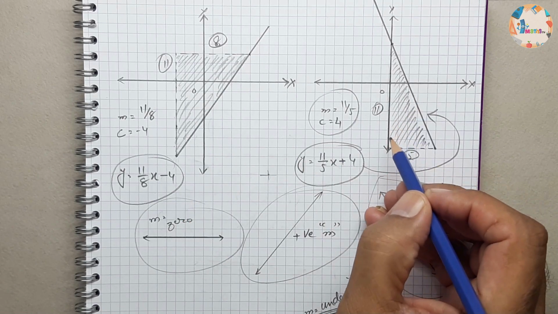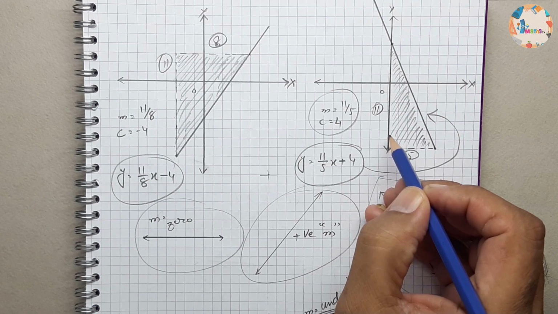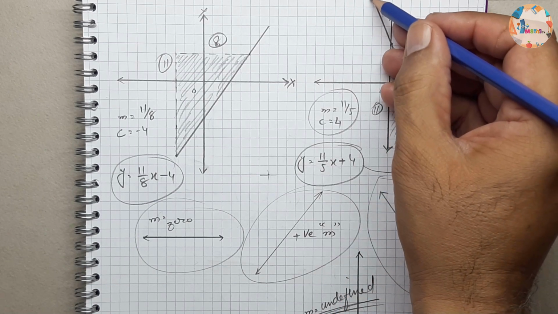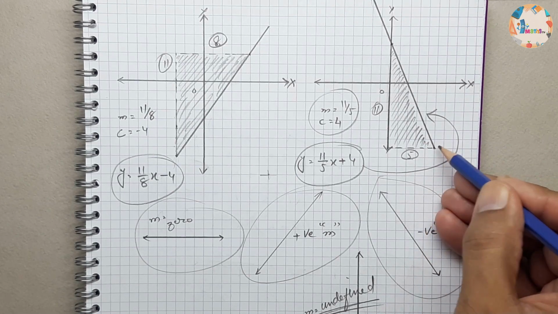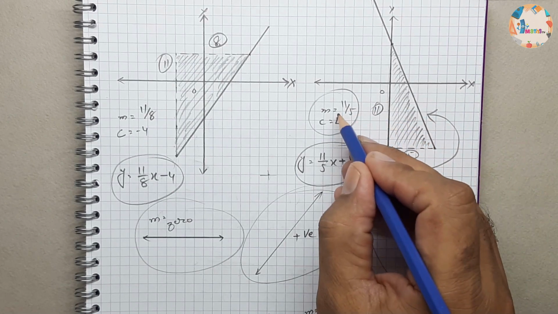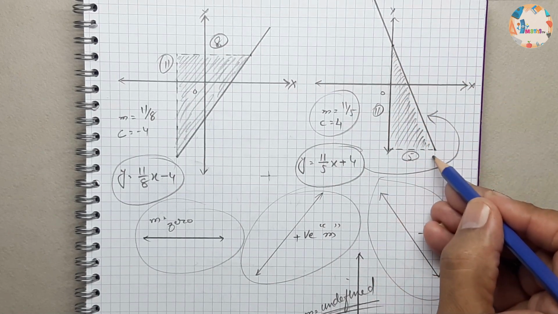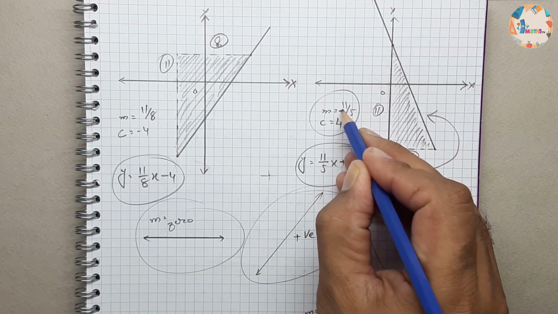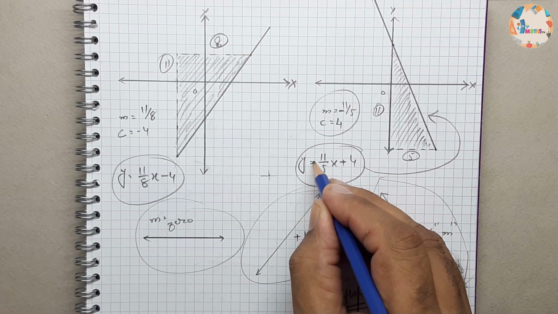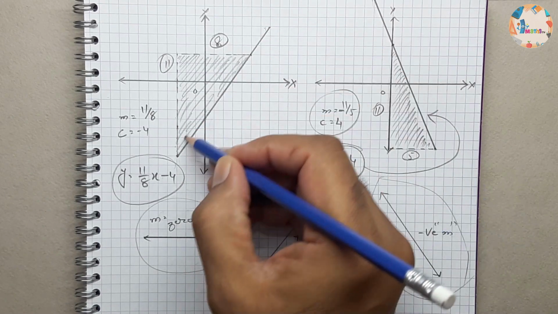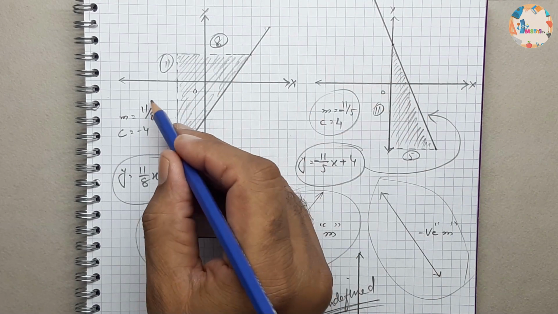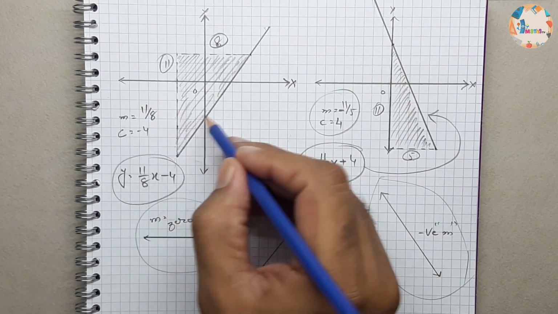We have made a mistake, and intentionally I have done that mistake. Intentionally, meaning this line was right side down, and we have taken this as positive. See, this is going down, so we can just add a minus sign here and a minus sign here. This is the line which is right side up, so we'll take this one as it is, which is positive.